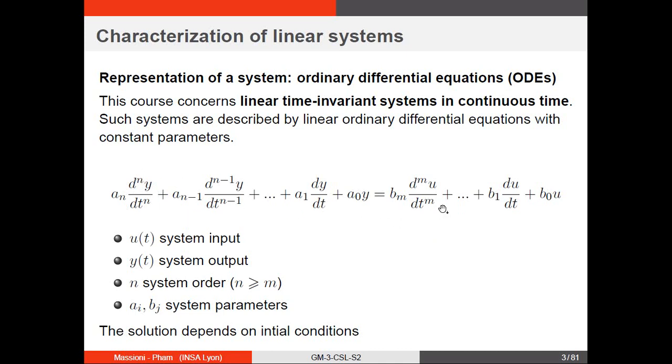Basically, y, in order to follow this law, would have to predict the future, to predict what u will do in the future. So the fact that y is a consequence of u implies that the order of derivation of y must be greater or equal to the maximum order of derivation of u, and this is what we call causality. Just keep in mind for now that n is greater or equal to m, and we will come back to this causality issue later on with some example probably.